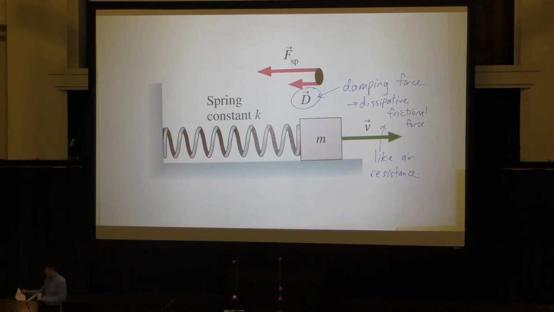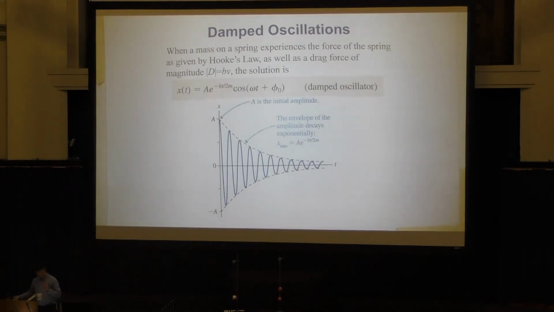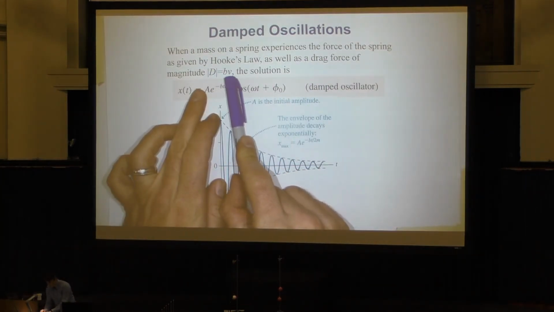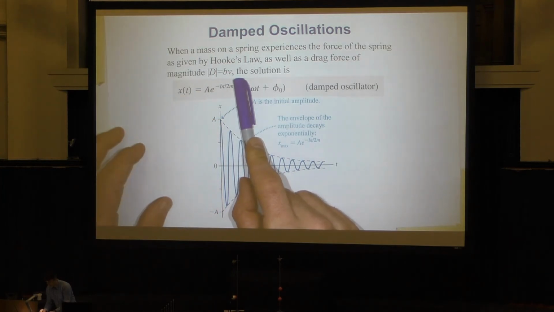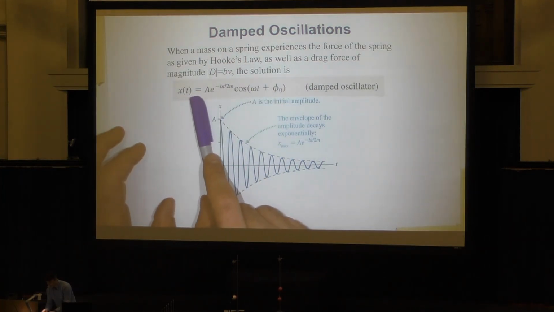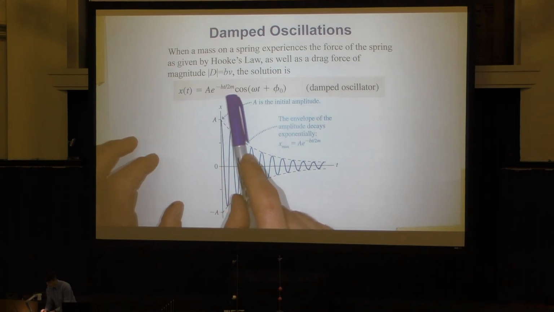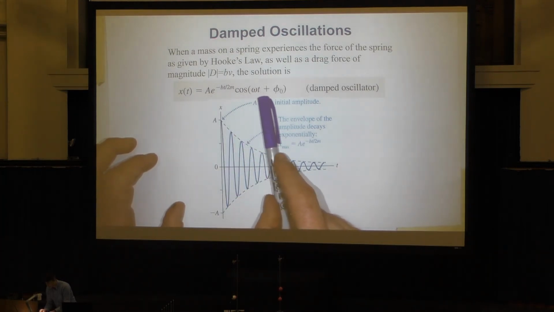When you add that, this is going to get a little ugly, so bear with me, but Wolfson says that if the drag force has a magnitude D equals B times V, so it's equal to some constant B times the speed V, then the solution is x equals some constant times e to the power negative bt over 2m, so that's an exponential, times cosine omega t plus phi.